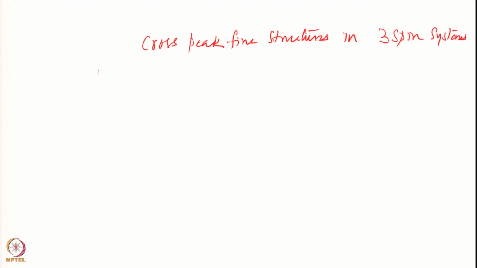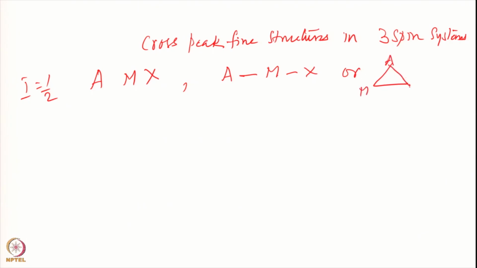Let us say the 3 spins are A, M, X. Okay, these are all spin half, all of them I is equal to half. So we label them as AMX, and of course these can be connected in 2 different ways, A-M-X or this way also, A-X-M. Okay. So this is the way you can have 2 different patterns here.